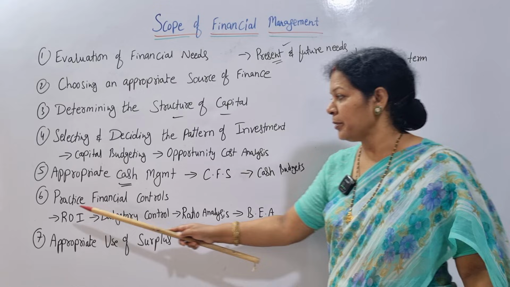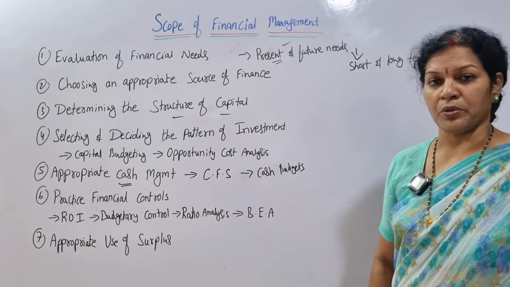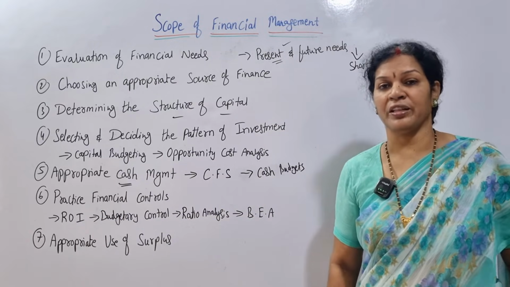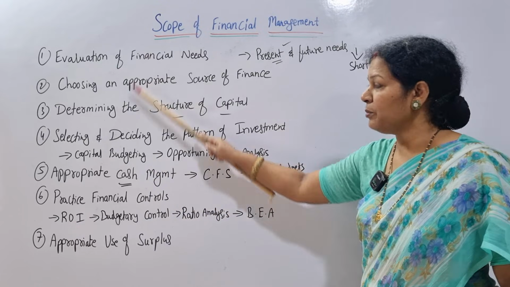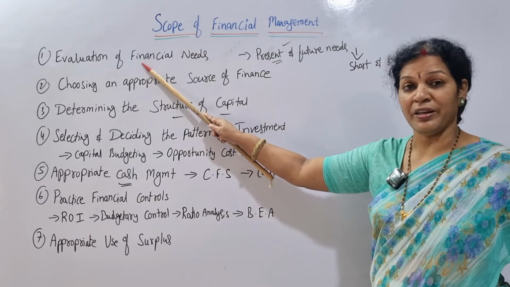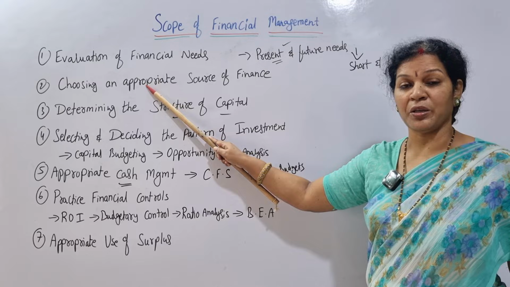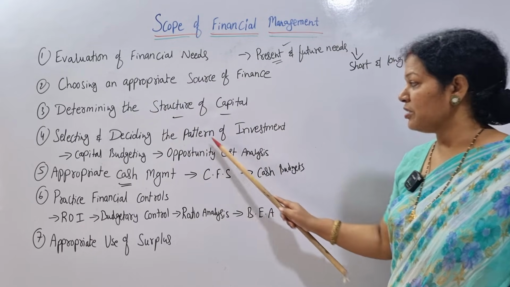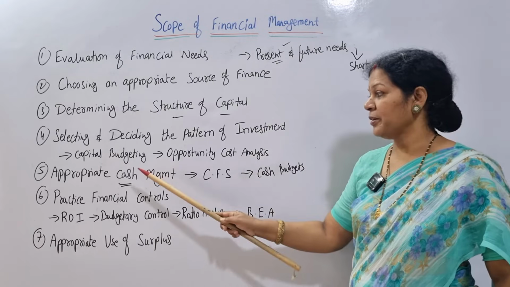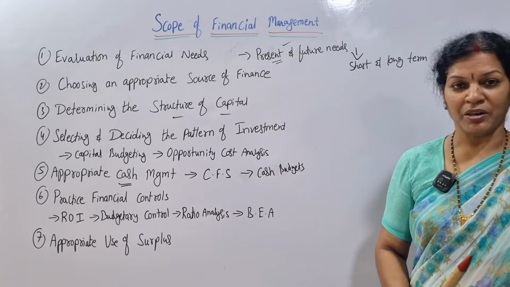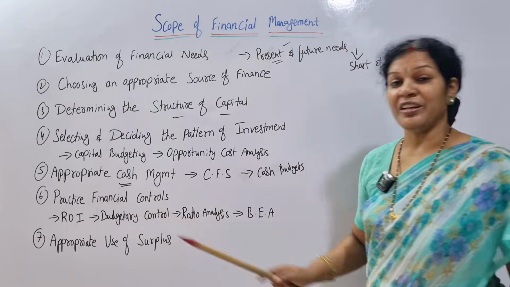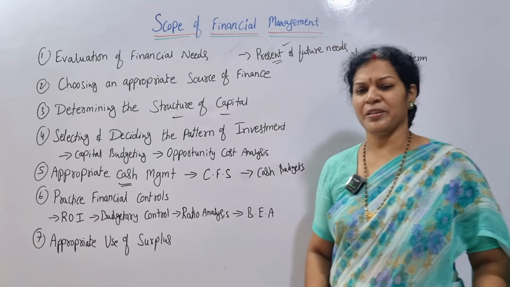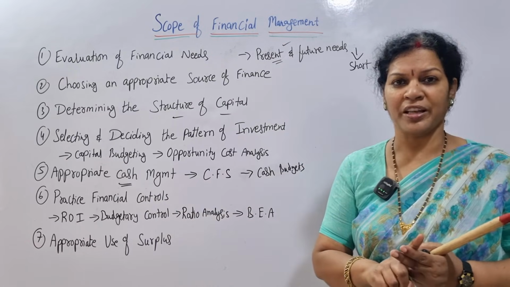Then after that, practice financial controls. How do we control the finance? Okay, we came to know that we have to evaluate the funds and how much funds are required, and capital structure we came to know, and also deciding the pattern of investment and cash management I got it. Then after that, finance control, how to control the finance. Controlling finance is one of the important aspects.